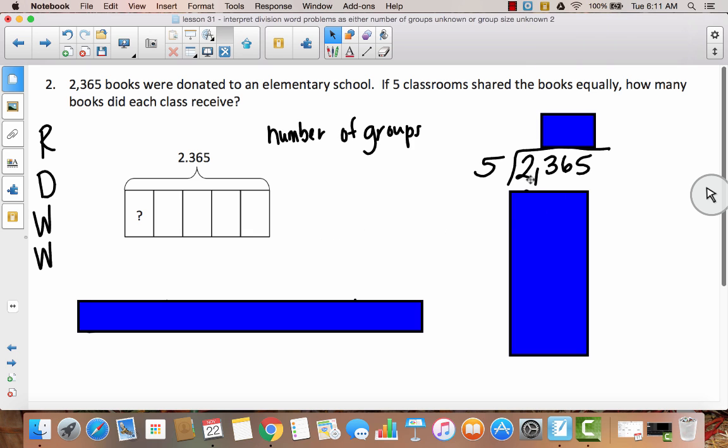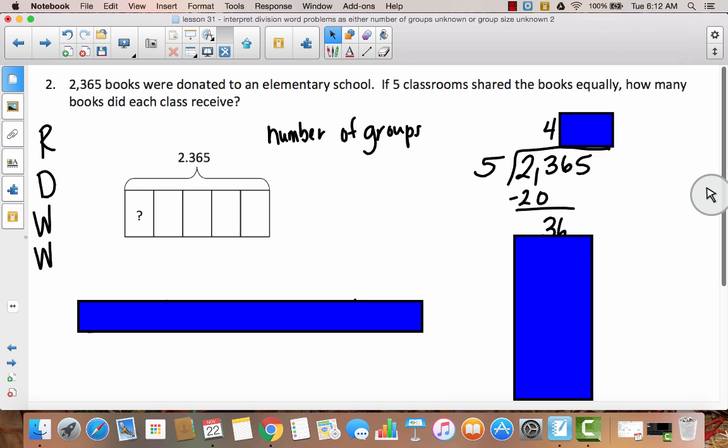Okay, so let's take a look at how your division went. Again, I could not take 2,000s and put them into 5 groups, so I had to decompose these 2,000s into hundreds. So I have 23 hundreds. 23 hundreds divided by 5 gives me 4 hundreds in each group, and 4 times 5 is 20, and that left me with 3 hundreds left over.